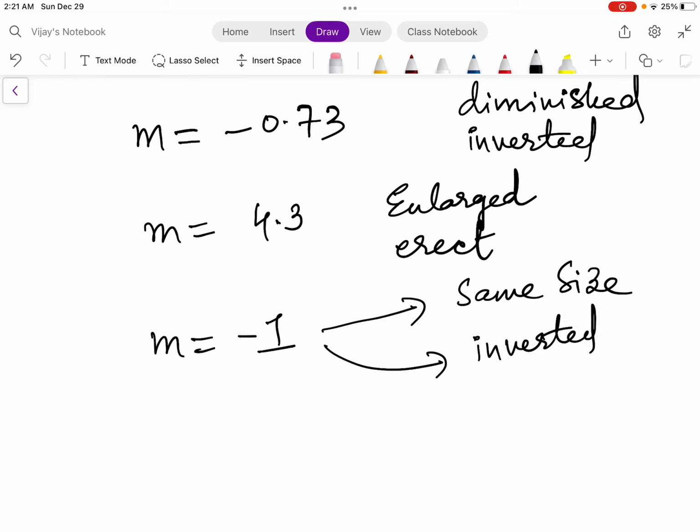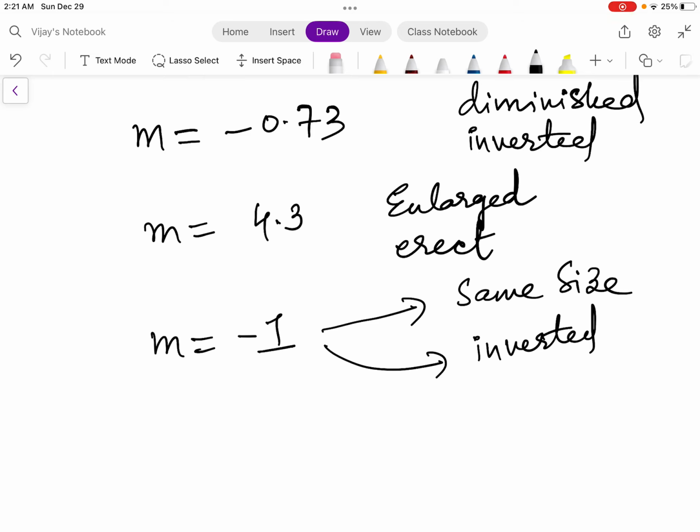And basically, you know that inverted means it will be a real image, and erect means it will be a virtual image. So erect and virtual, they are the nature of images. Diminished, enlarged, same size, these are the sizes of images. So from the value of magnification, you can know whether the image is enlarged, diminished, or remains the same.